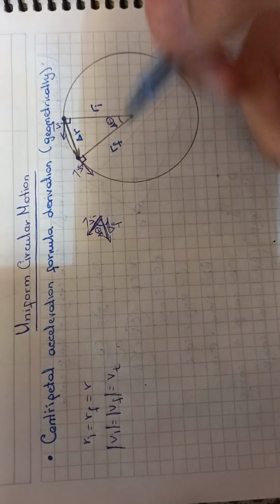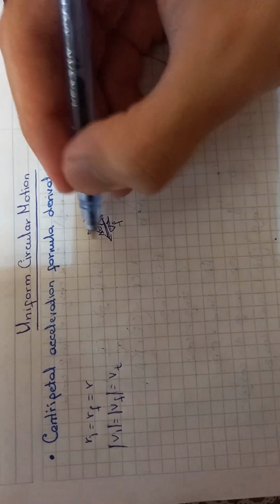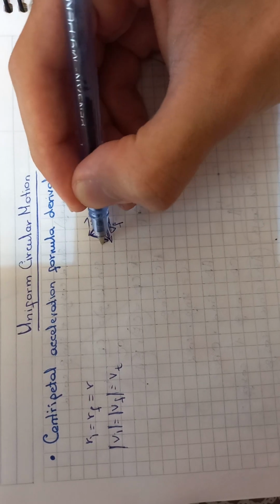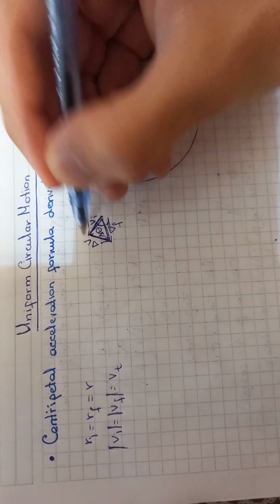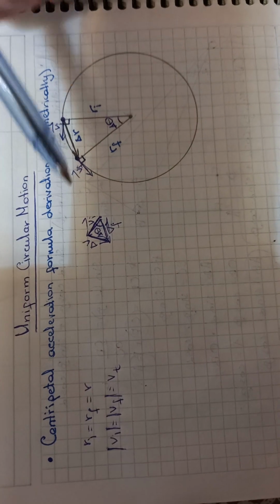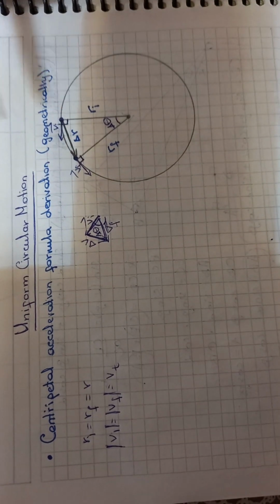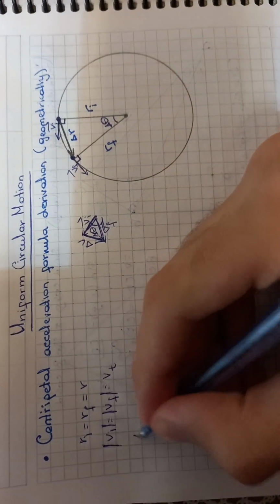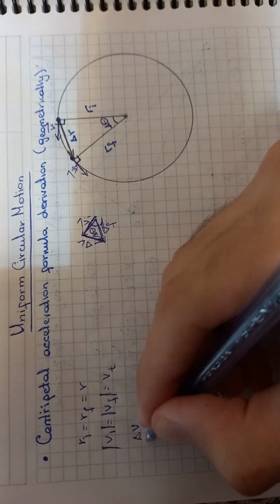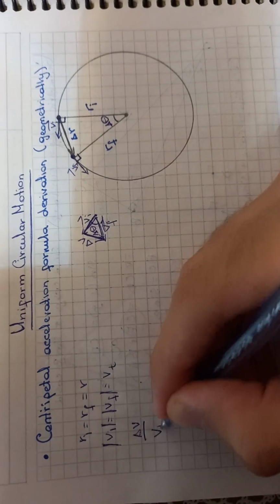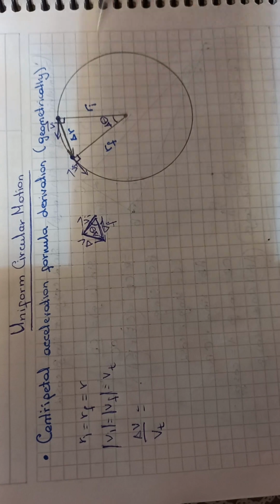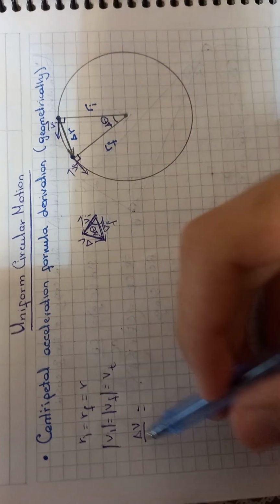Because these two are similar triangles, we can make something like delta v, which means change in velocity. It's just the same thing. So change in velocity over tangential velocity. This is coming from the similarity of triangles.